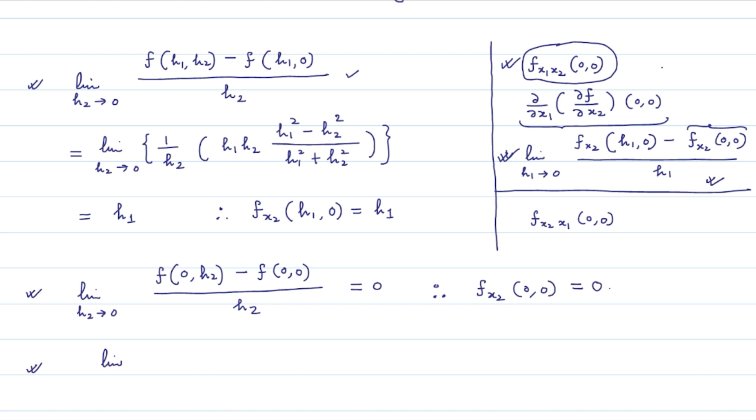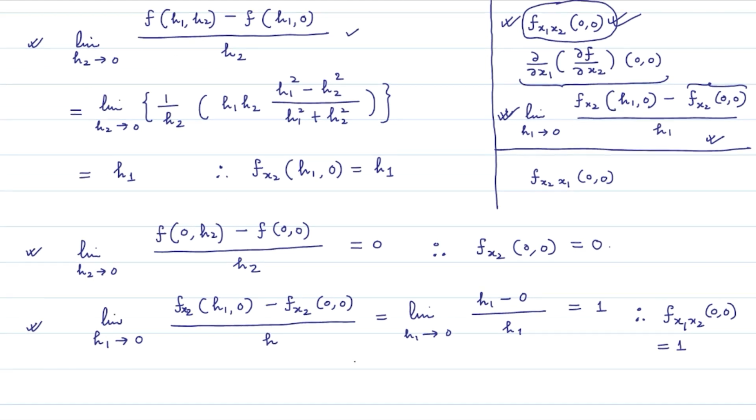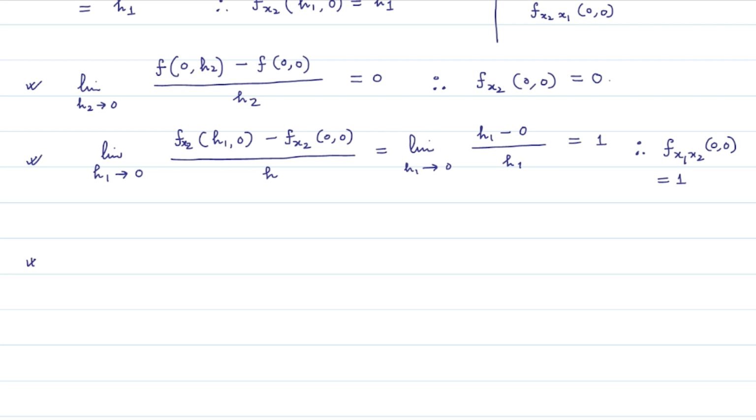Hence, this limit pertaining to the calculation of f_x1x2 at (0, 0) is given by limit h1 tends to 0 of (h1 minus 0) divided by h1, which is equal to 1, and hence f_x1x2 at (0, 0) is equal to 1. Now I put a home task here that you please verify that f_x2x1 at (0, 0) is equal to minus 1, and hence the second order mixed partial derivatives of the function f are not equal at the point (0, 0).